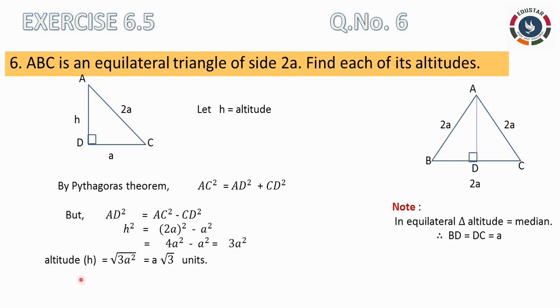How to find the altitude H? We transpose the power 2 to that side to make it the square root of 3A square. So the power 2 and the root get cancelled, and we get A with root 3. So what is the altitude of an equilateral triangle? It is A root 3 if the side of the equilateral triangle is 2A. Can you understand?